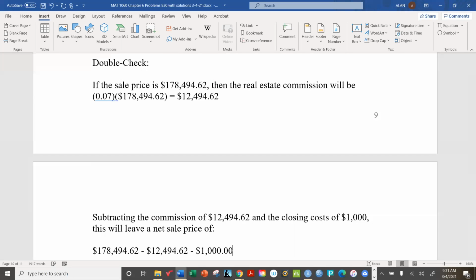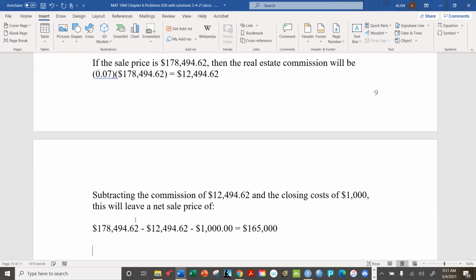And so how much is left in their pockets after all that? 178,494.62 minus 12,494.62 minus the 1,000 is 165,000.